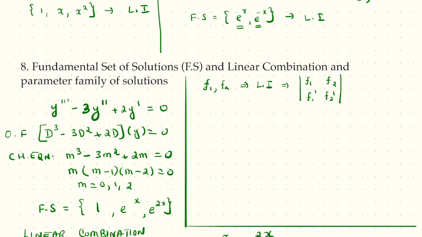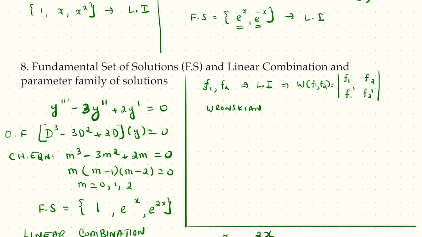There's a name for this matrix, and it is called the Wronskian. Let me write it as W, the Wronskian of f1, f2.